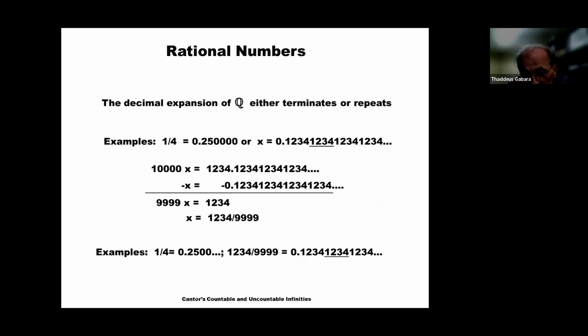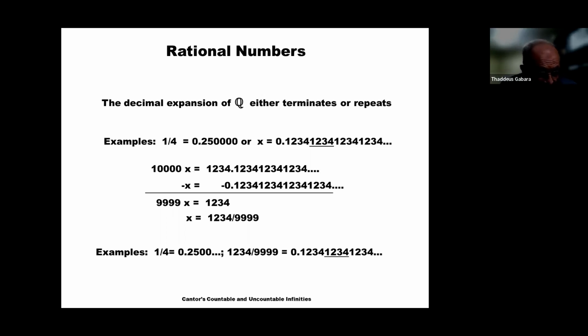But we'll see. There's a condition about rational numbers. If you take a look at their decimal expansion, the rational numbers either terminate or they repeat. Take the example of a quarter. Its decimal is 0.25000, with 0s for infinity.